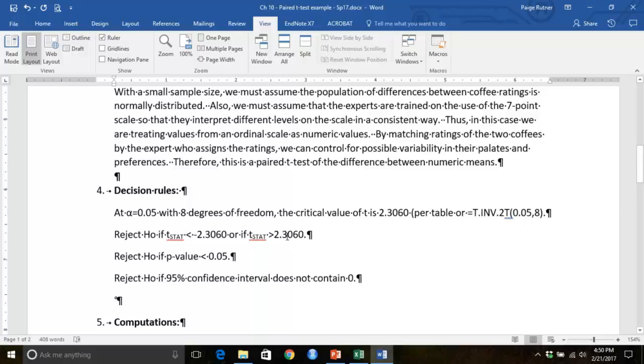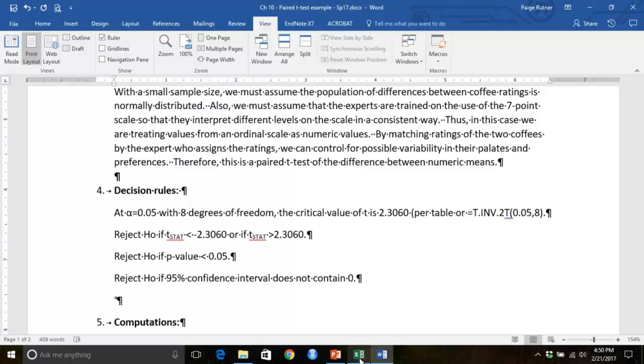So we can state our rejection rule that we're going to reject the null hypothesis if our t statistic is less than the negative critical value or greater than the positive critical value. And I'm actually giving you several variations on the rejection rule here. We can state it in terms of p-values or in terms of our confidence interval as well.